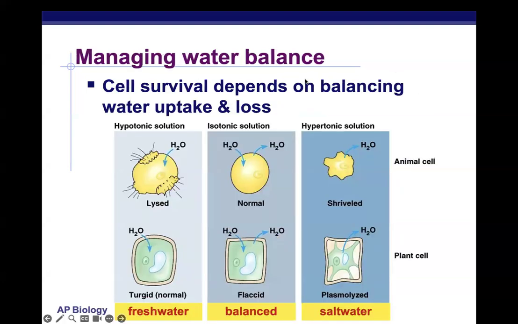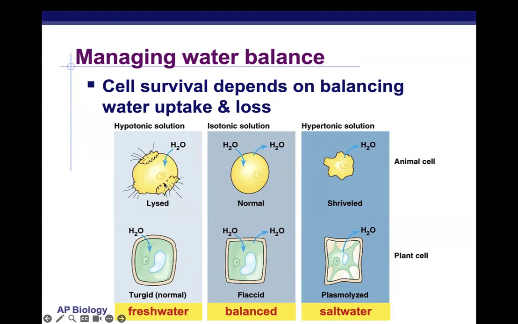So managing the water balance, or how much water is moving into and out of a cell, is super important for all life. Cell survival depends on balancing water uptake and loss. So, for example, if I would put an animal cell and a plant cell into a hypotonic solution, water would want to rush into these cells.